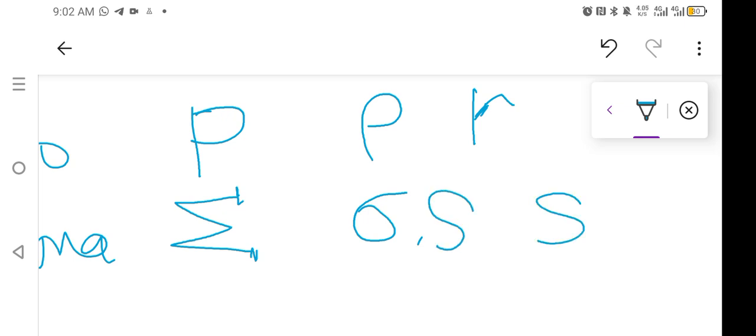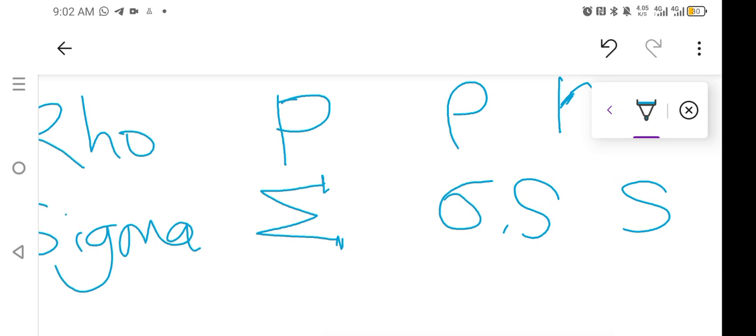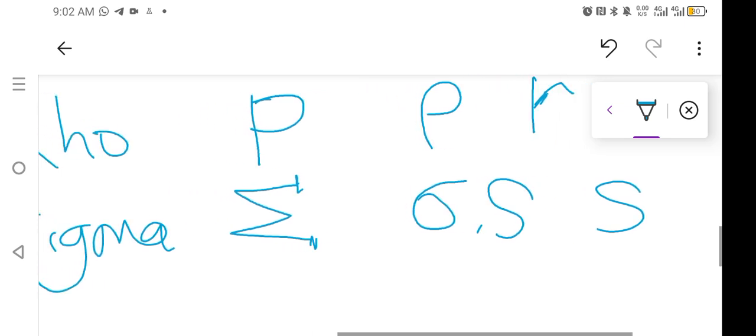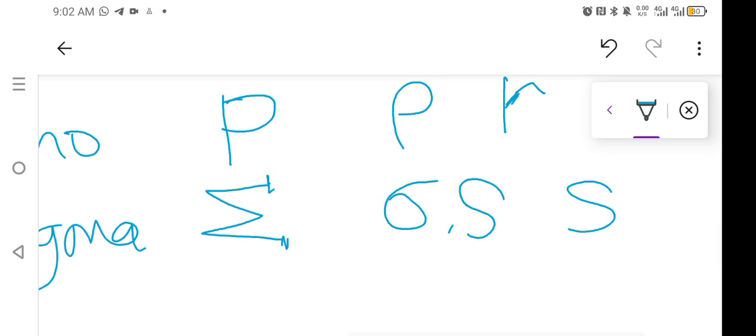Now, the way the sigma is used is also different, and I just want to talk about that before we wrap up our lesson for the day. When you find this sigma, at the beginning of a sentence, like a noun, the beginning of a new sentence, they're going to use the uppercase sigma, which is this.